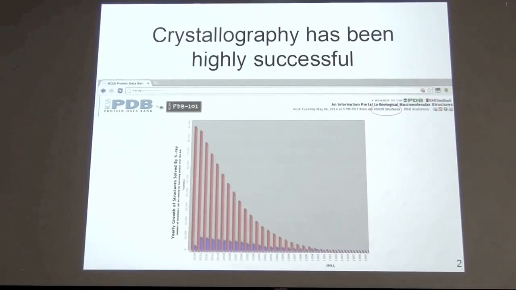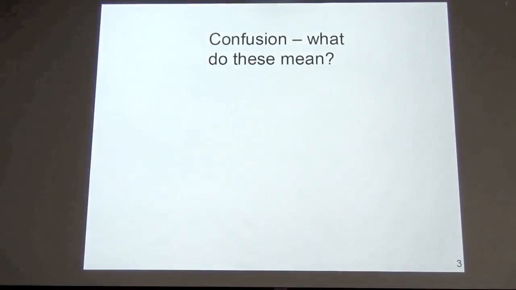We are doing so well, but the question is, are we really doing as well as we could? What I'm trying to say is we are very confused. We could do much better by really understanding the indicators that we're using.